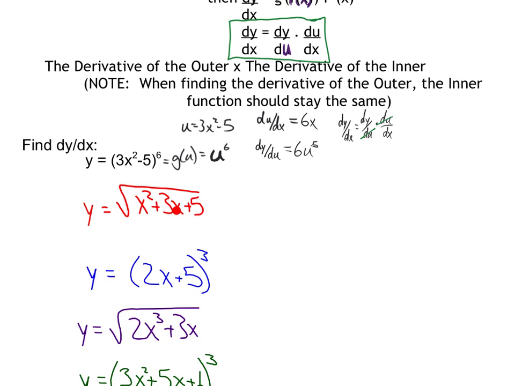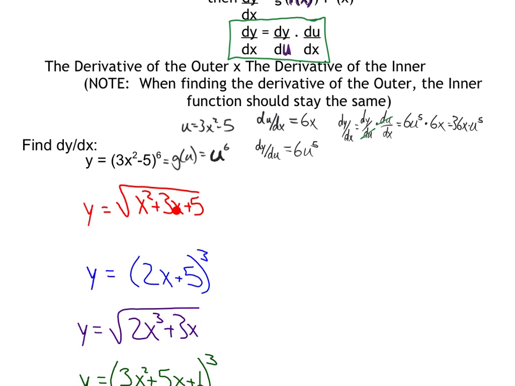Now, let's see what this looks like. We would have 6u to the 5th, that's our dy du, times du dx, that's 6x, which we could then rewrite as 36x times u to the 5th.